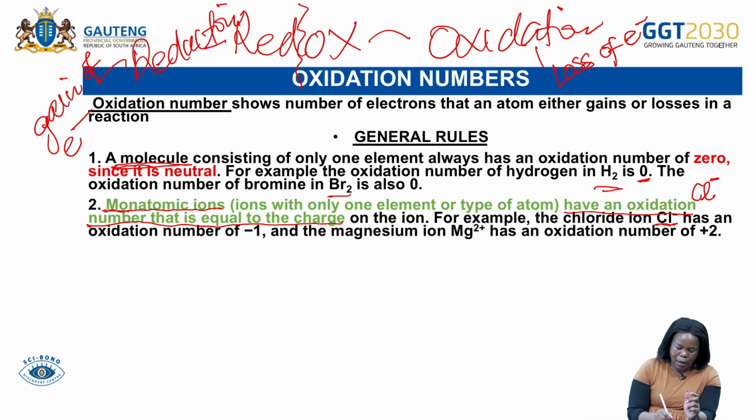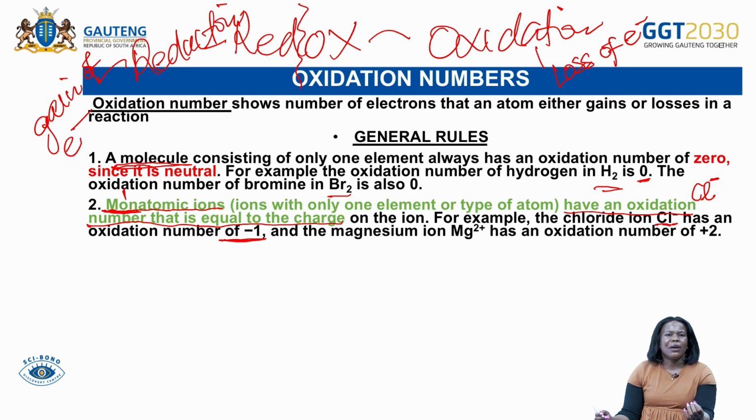Maybe let me underline that part, means one. All right, so it's got just one type of element, okay? And then its oxidation number is equal to the charge. So the charge in here is just negative. So that is why its oxidation number is going to be what? To be -1.